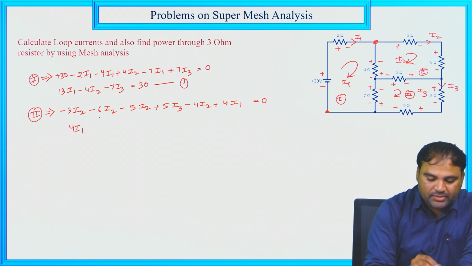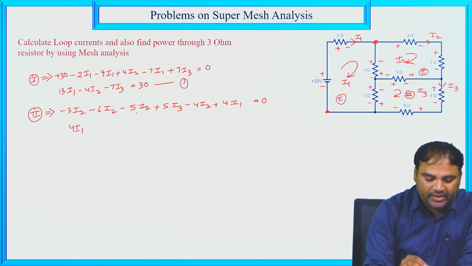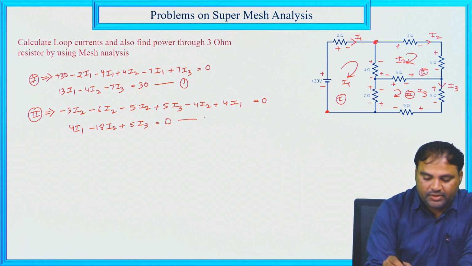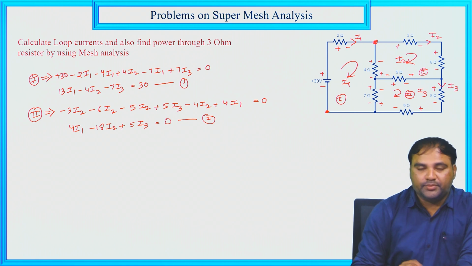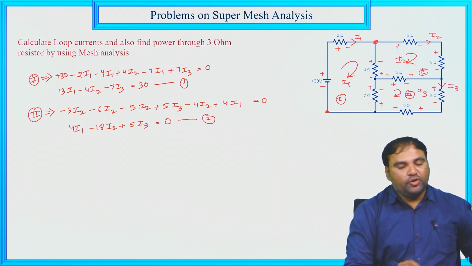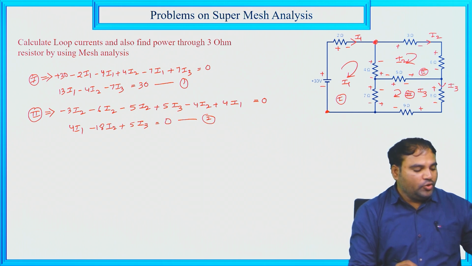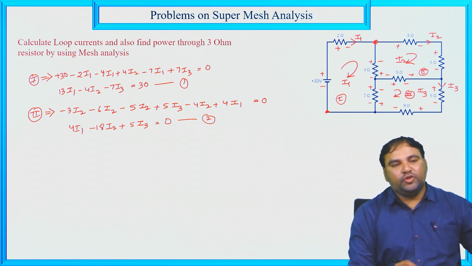Now I2 terms: minus 3I2, minus 6I2, minus 5I2, minus 4I2, that is minus 18I2, plus 5I3 equal to 0. So let us take this as equation number 2. So this is the second loop equation. Now we have to apply KVL in loop 3. Now the loop 3 equation.